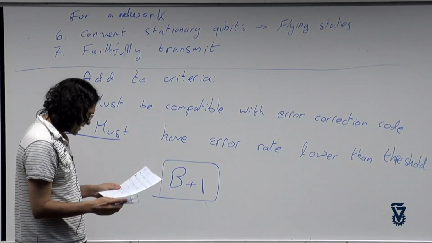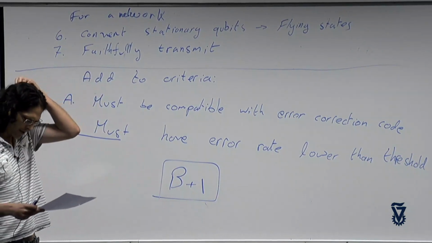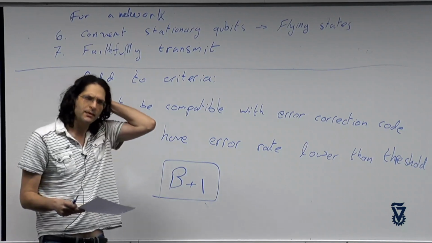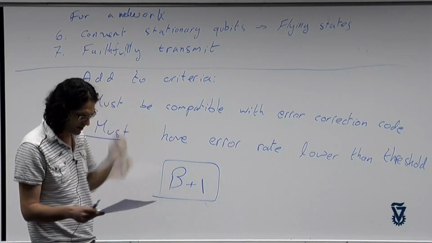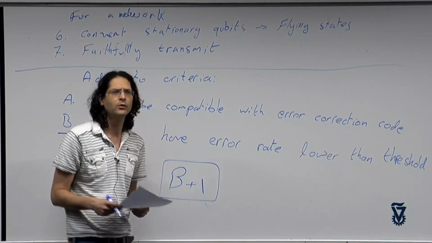Now, I want to make a final note. I had a couple of questions in the email asking me about quantum supremacy. This is an experiment that was carried out about a year ago by the group in Google.